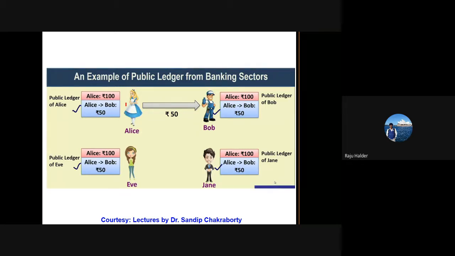There is wallet software with Alice. The wallet software will help Alice to create this transaction. So Alice has to use the wallet software, and mention how much money she is going to transfer to whom, and then click the button, and this transaction will be created.